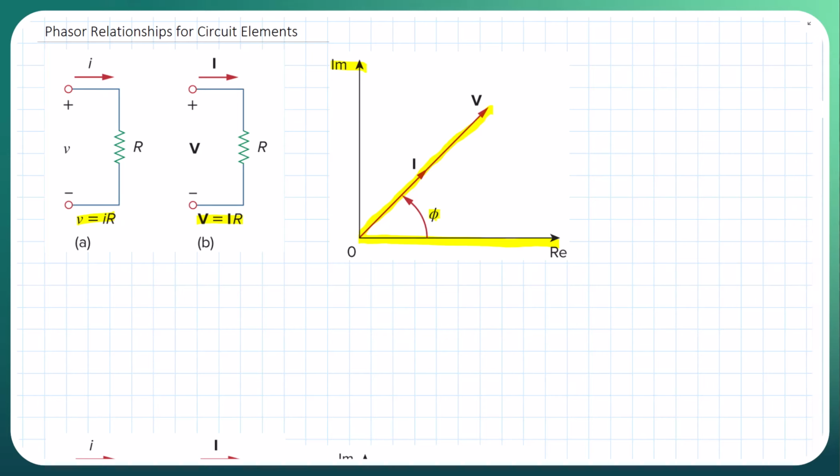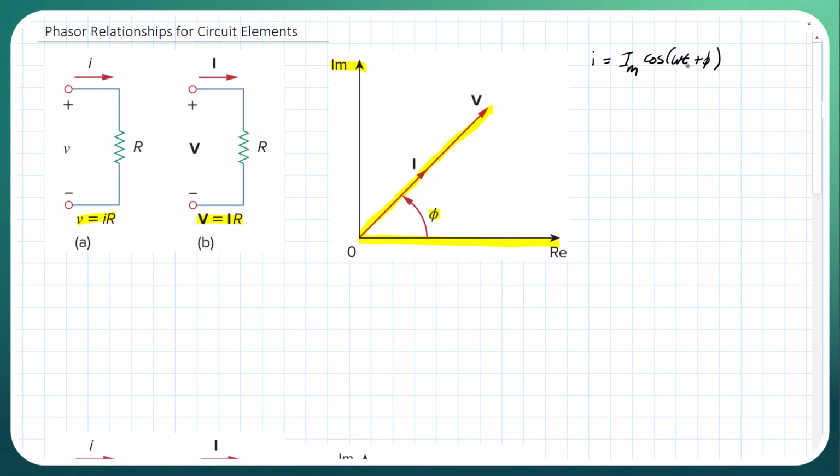Okay, so let's go ahead and define this mathematically. If we begin with this resistor, and we want to look at the current through this resistor, we can define the current as I equals Im cosine omega t plus phi.